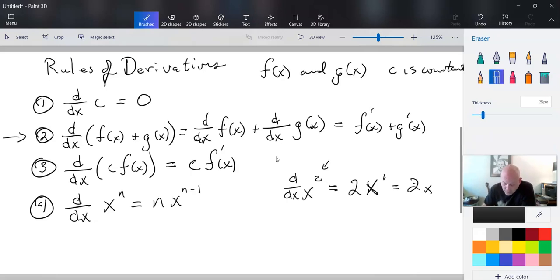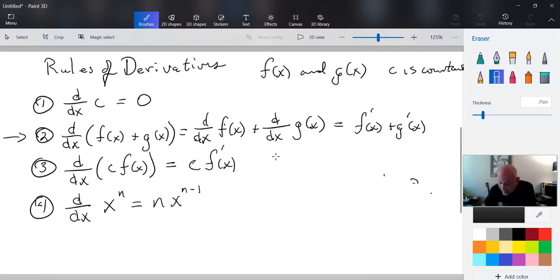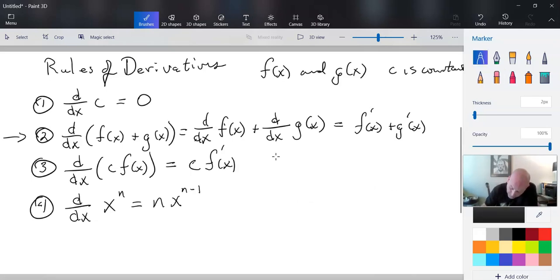All right, I want to point out too that this power rule will also handle the square root. Right, in fact, let me switch colors just so it stands out a little more. So let's say I'm taking d/dx of the square root of x. Well, the square root of x is the same thing as x to the 1/2.